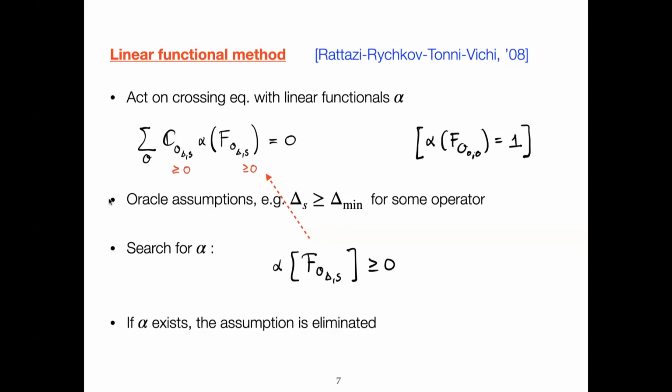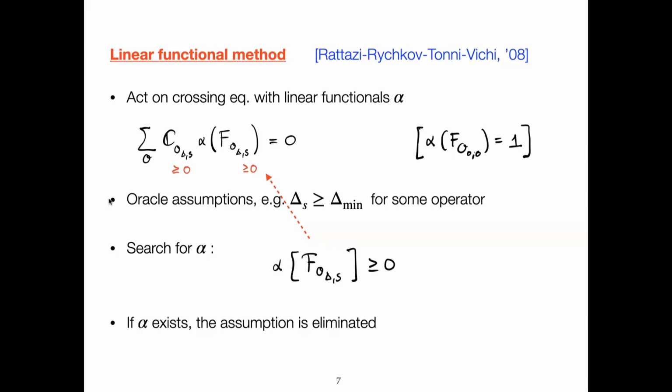Also, you start changing delta min here, and by changing delta min, you can find allowed and disallowed regions for your CFT data, like in this famous plot here, where they try to get bounds like this for 2 scaling dimensions in the 3D Ising model, and they notice that there is a region which is not allowed and a region which is allowed, and then there is the boundary between them.